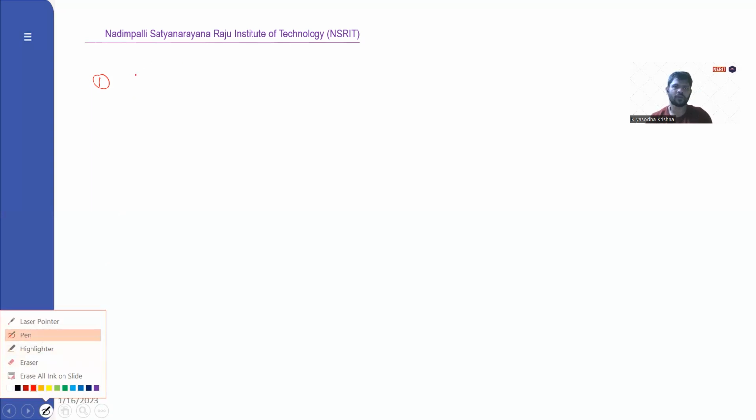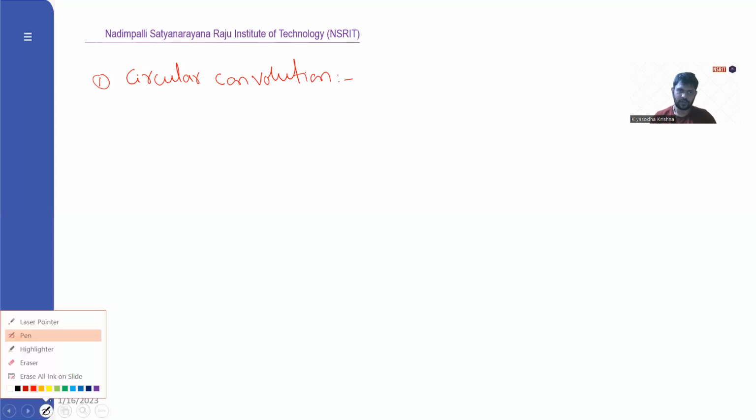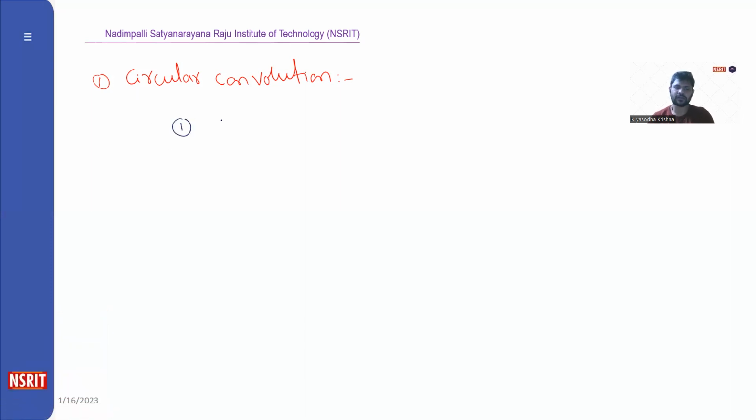Okay. The concept is circular convolution. Right. So basically, circular convolution has three types. One is the concentric circle method.